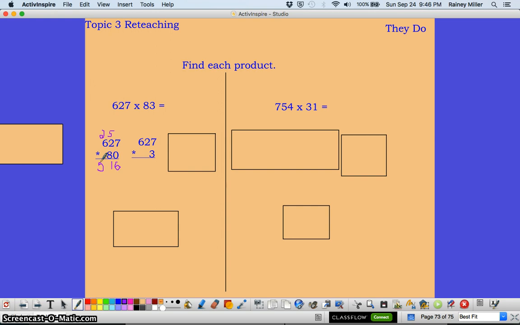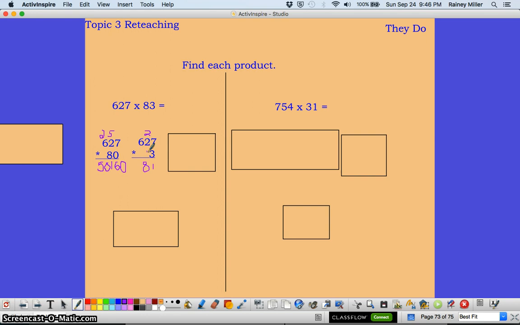Then what I'm going to do is I have to remember to go back, and I have to remember to put a 0 back in here because we are doing the 0 trick. Okay, 7 times 3, that's 21. 2 times 3, that's going to be 6, 7, 8.